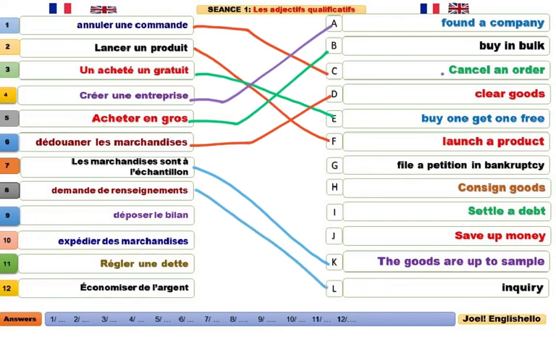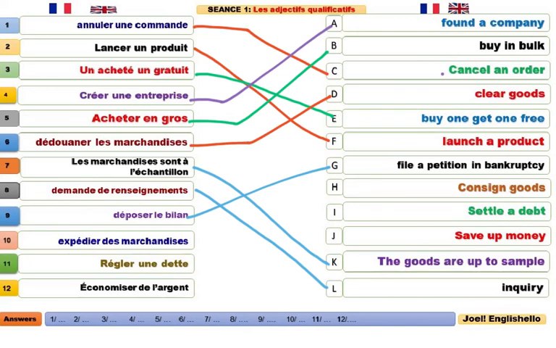To inquiry. Déposer le bilan. Lorsqu'une entreprise dépose le bilan, file a petition in bankruptcy. Expédier des marchandises. All right.